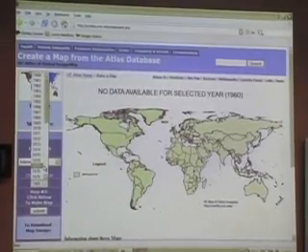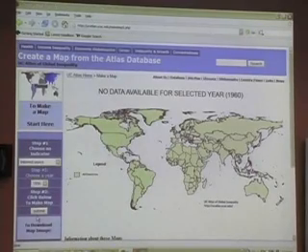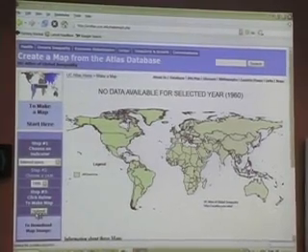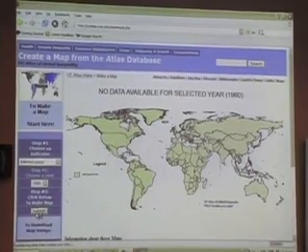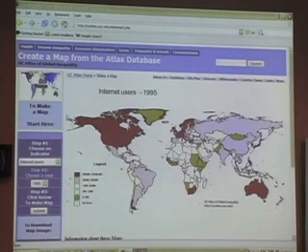So basically, you can choose one from one of the many indicators and from one of the years ranging from 1960 to 2000.